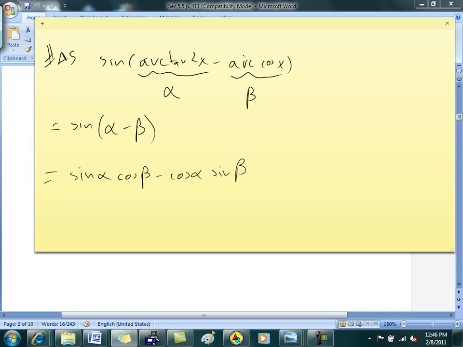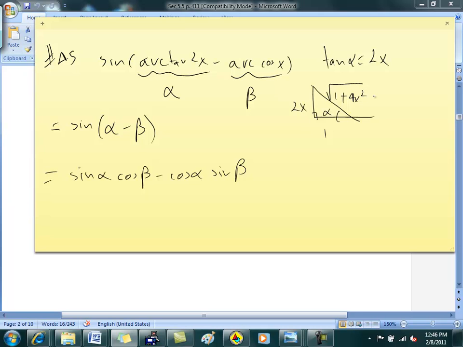From this thing here, you can say that tangent alpha equals 2x. Do you buy that? So then your alpha triangle looks like this. That's 2x, that's 1, that's your right angle. What's this going to be? 1 plus 4x squared, nice.